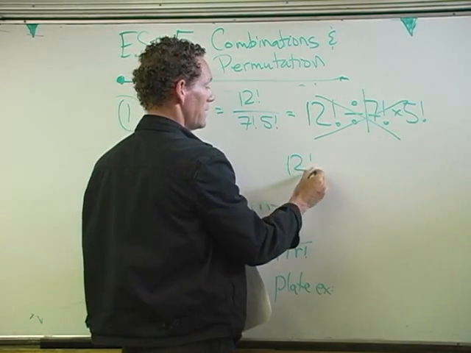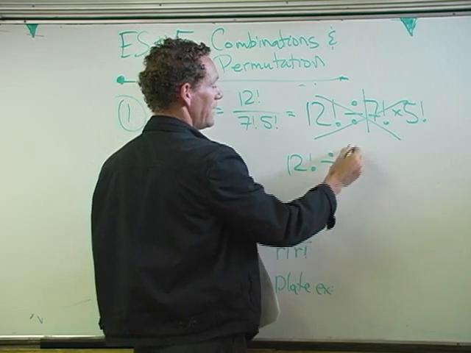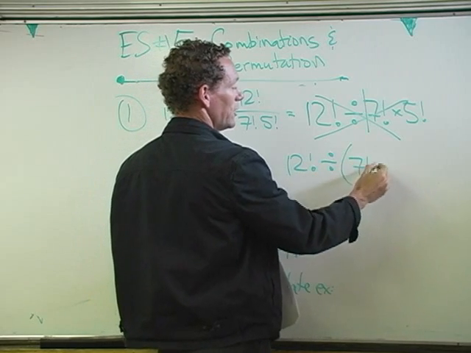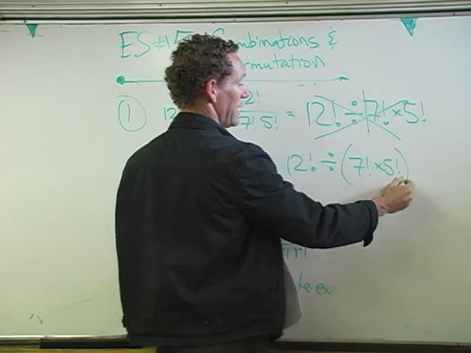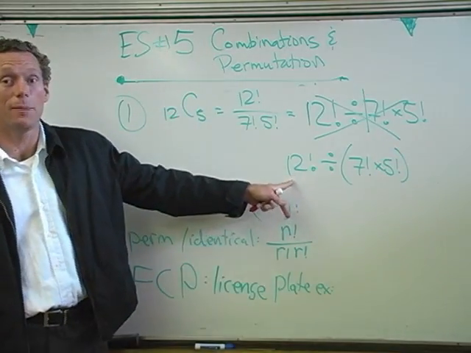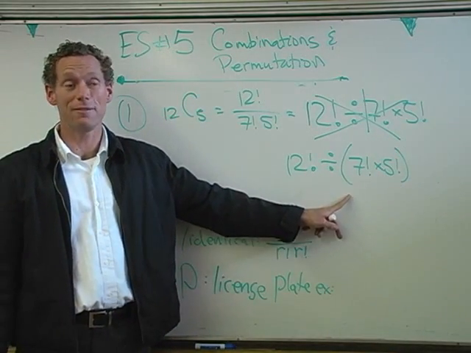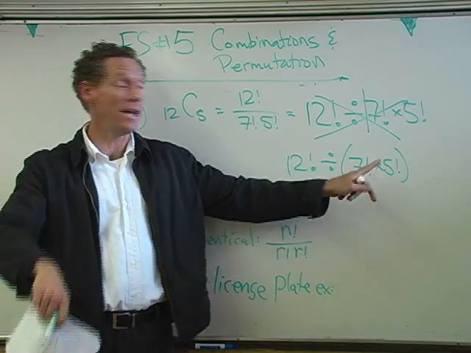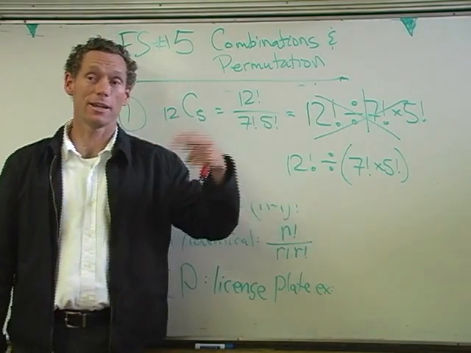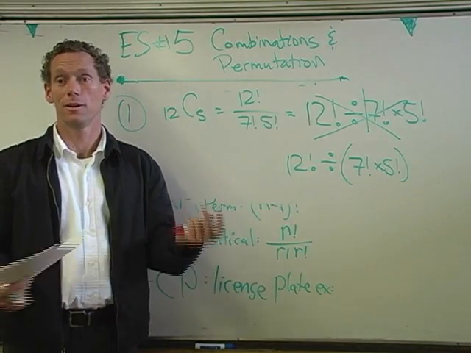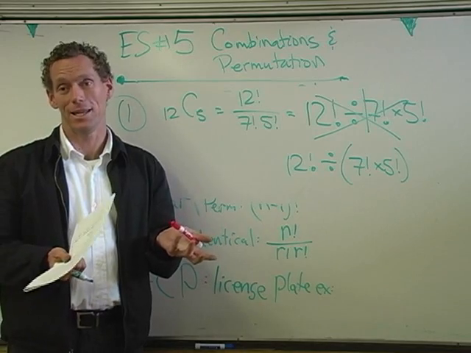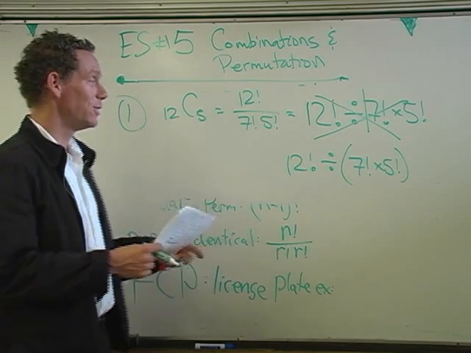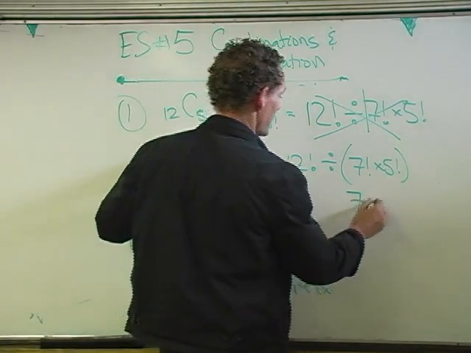You would have to do 12 factorial divided by, in parentheses, 7 factorial times 5 factorial. You could also type in 12 factorial divided by 7 factorial divided by 5 factorial, and your calculator will give you the correct answer. What did we get? 792.